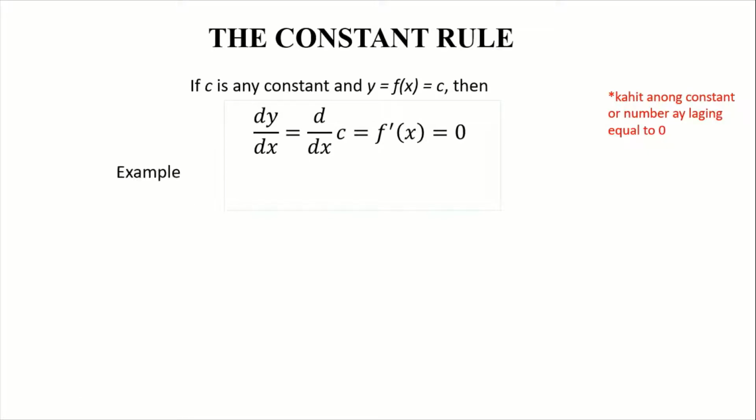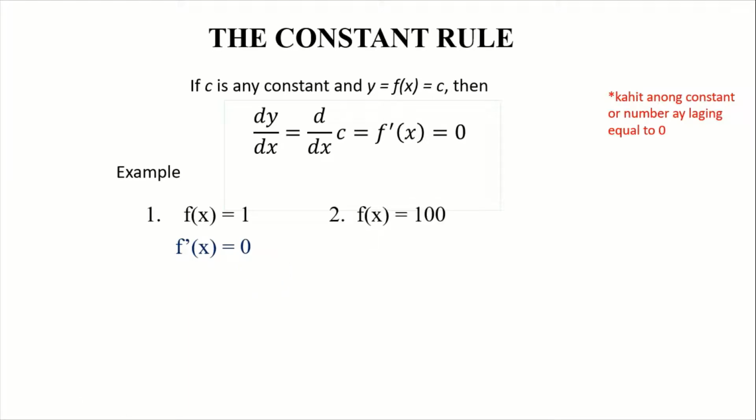For example, we have f of x is equal to 1. So, ito yung kanina. So, pakita natin, according sa constant rule, kahit anong constant daw, laging equal to 0. So, therefore, yung derivative ng f of x is equal to 1 is equal to 0. Okay? So, f prime of x is equal to 0. Or if you want to use dy dx is equal to 0, okay lang.